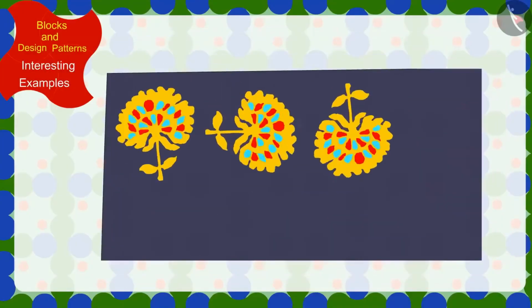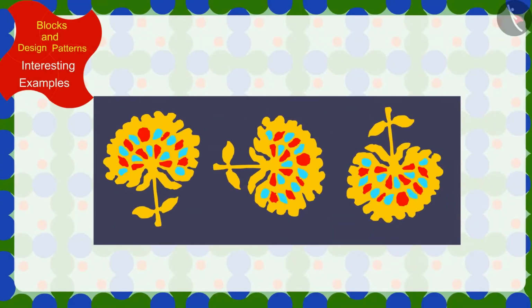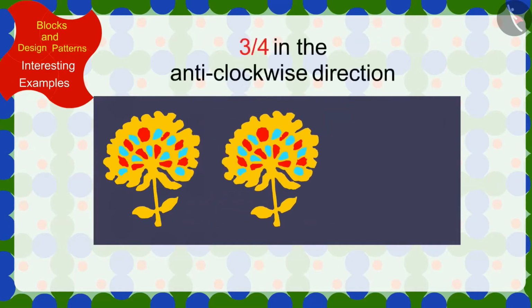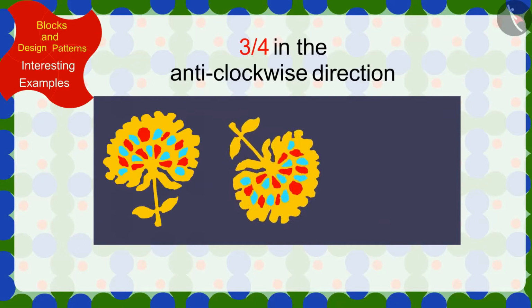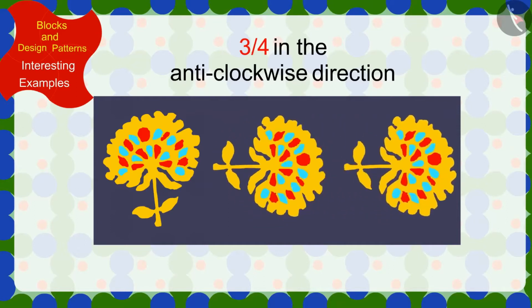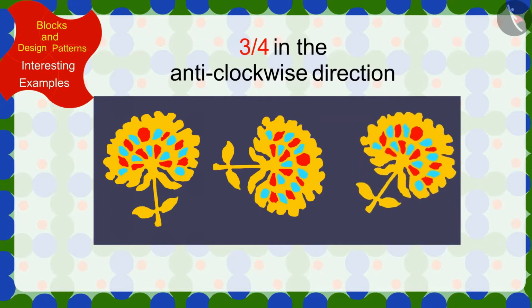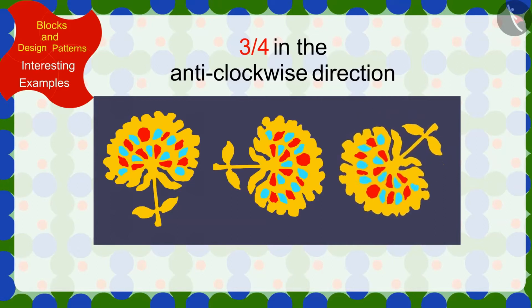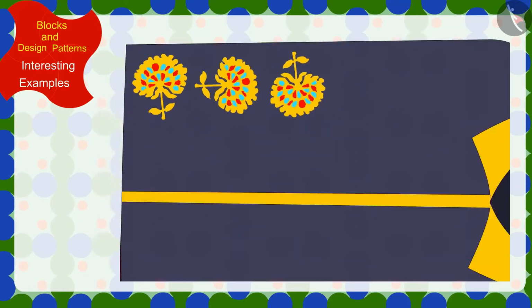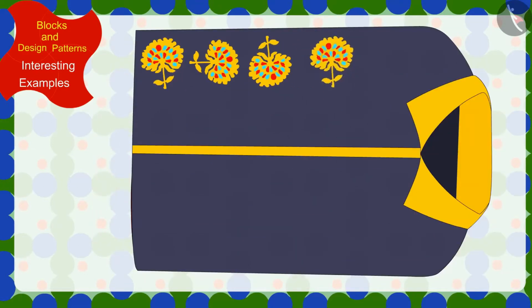If we look closely, we will find that this impression is made by rotating its previous impression 3/4 in the anti-clockwise direction. In the same way, the impression made after it is made by rotating this impression 3/4 in the anti-clockwise direction.